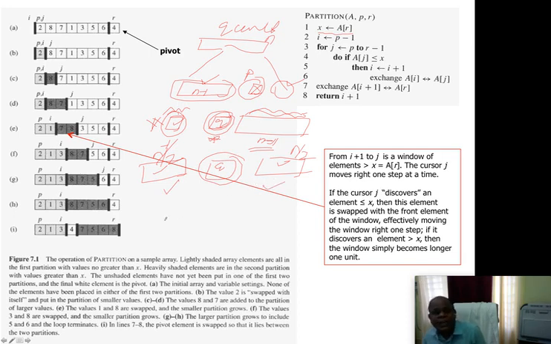It may also happen that the pivot element will be placed in this position, and the left may be n by 9 elements and the right may be 8n by 9, or the left may be n by 10 and the right 9n by 10. It depends on how the partitioning happens.